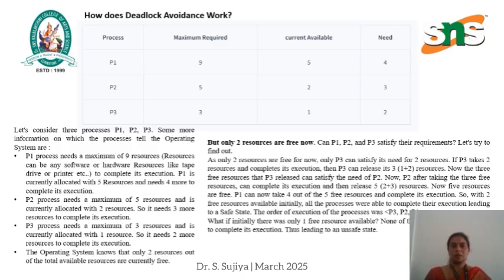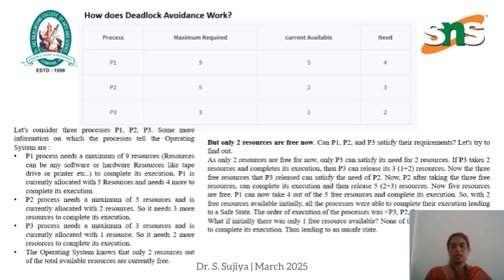Process 1 needs a maximum of 9 resources to complete its execution. P1 is currently allocated 5 resources and needs 4 more. The P2 process needs a maximum of 5 resources and is currently allocated 2, so it needs 3 more resources to complete its execution. The operating system knows that only 2 resources are currently free.